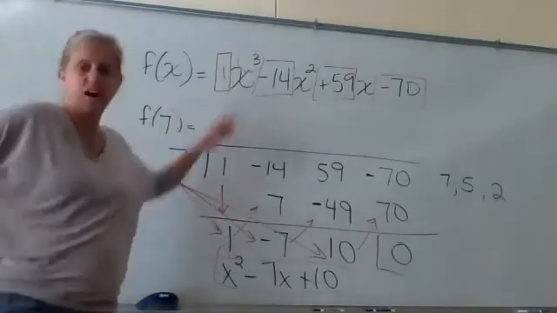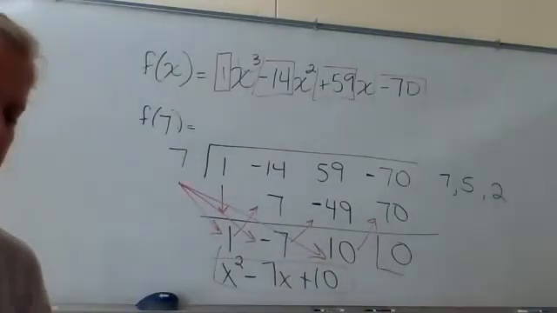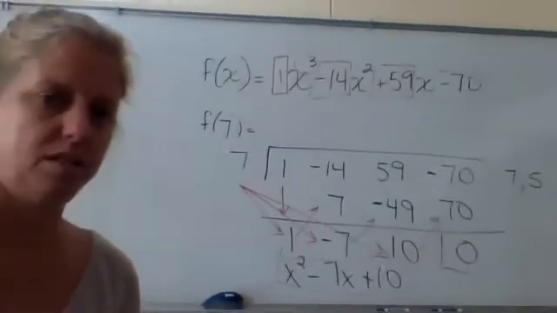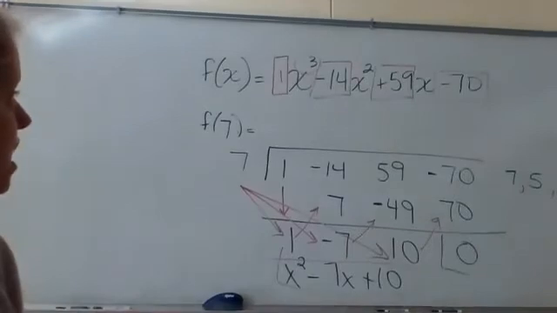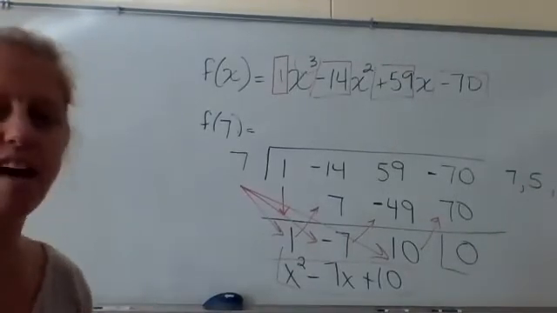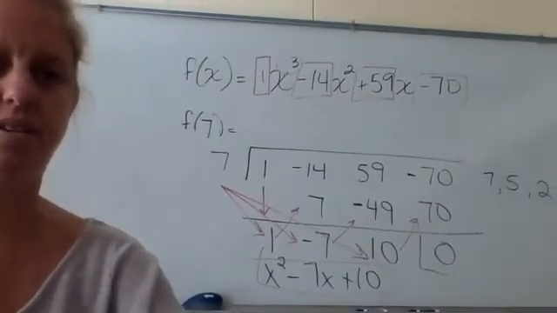Well, I'm going to tie it all together now by putting that function in my y equals: x cubed minus 14x squared plus 59x minus 70. What should show when I graph this?